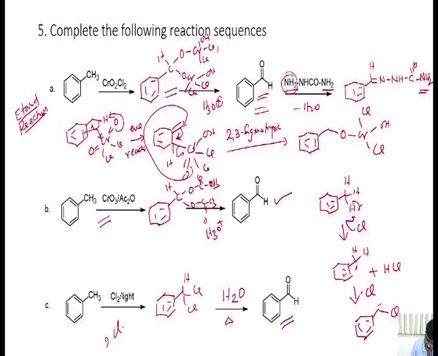Similarly, this can further react with another radical, and you will be able to form the benzyl chloride. Once you form this one, when you react with water and reflux, you will be able to form benzaldehyde as the product.